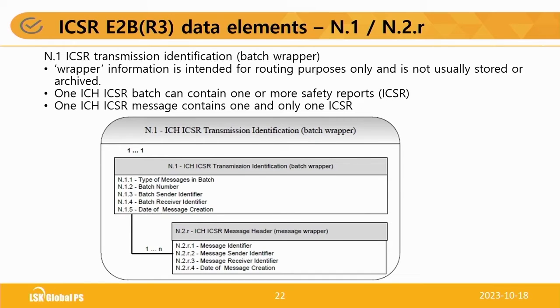N1 would be the first. N1 is the batch wrapper. It's sort of a wrapper or an envelope to a case. So when we are sending a number of letters or messages, they would be put into wrappers as identifiers.